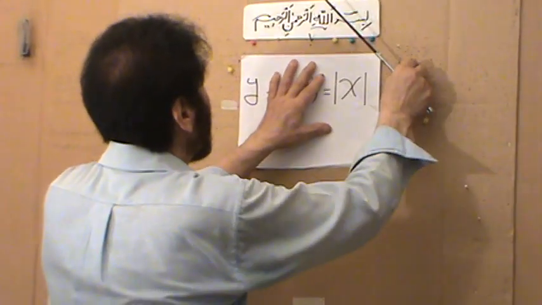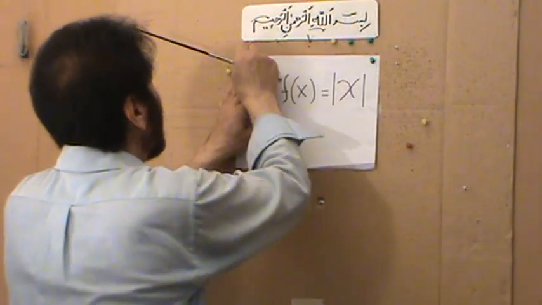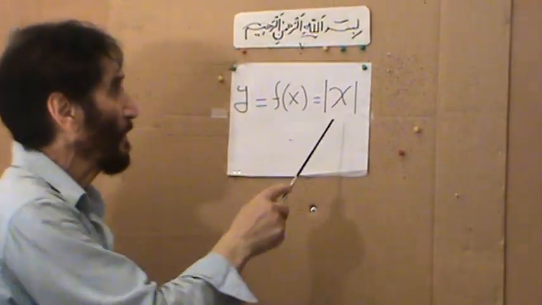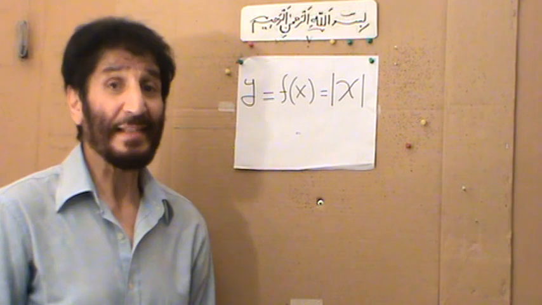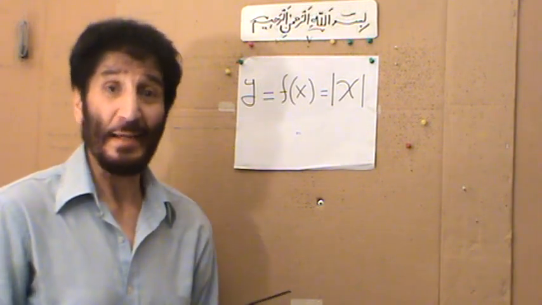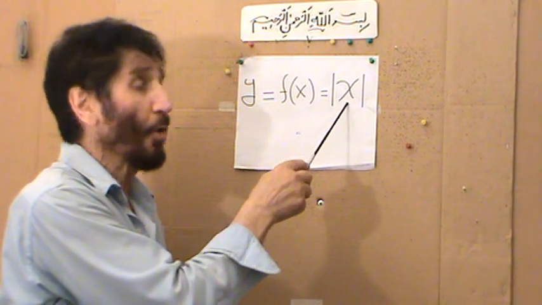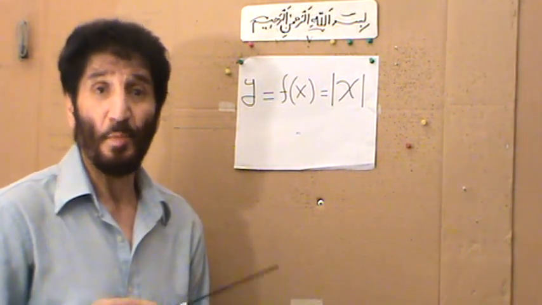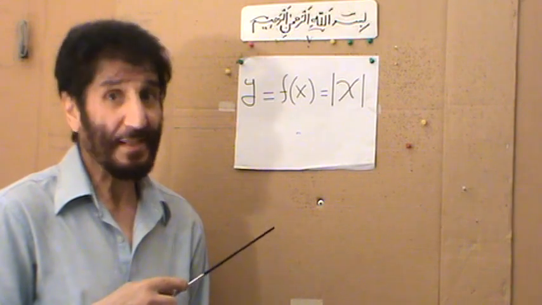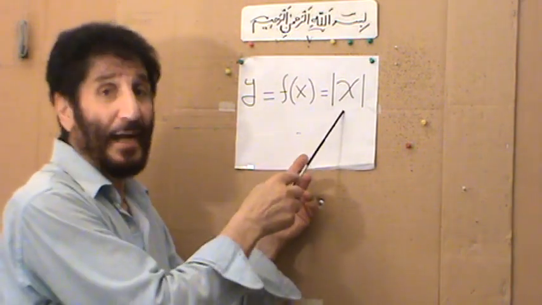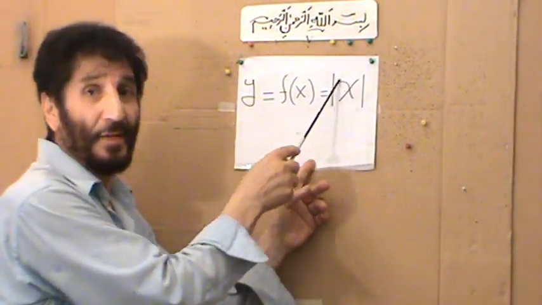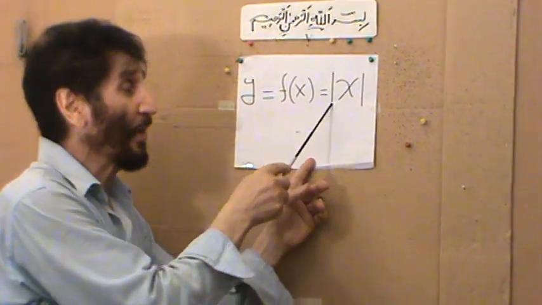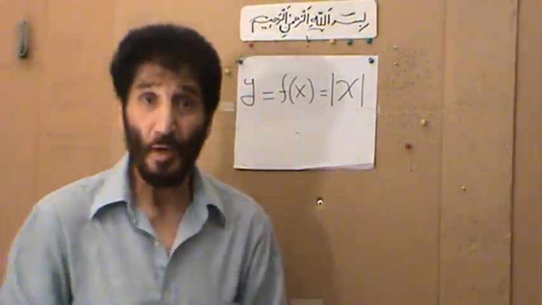Since we are dealing with a function, the domain of the absolute value function will be the set of all real numbers, because the domain is the set of all permissible values that the independent variable can possess. Here we have no problem what value to give to x: zero, positive or negative. But the range, which means the output, is always non-negative. You see that? Because it's an absolute value, it's always non-negative. Non-negative means 0 or positive.